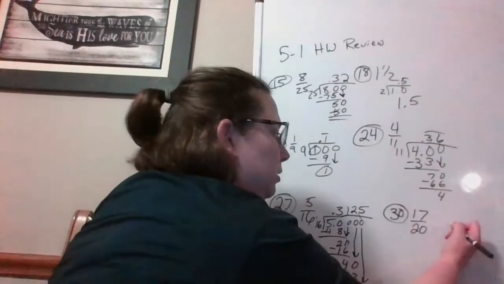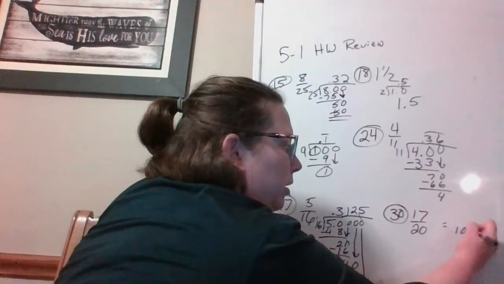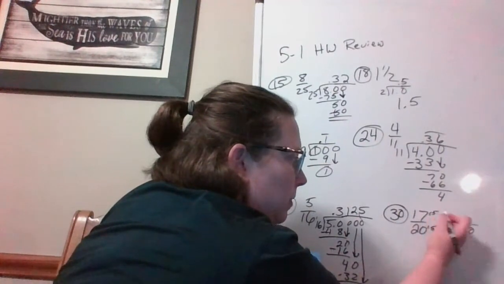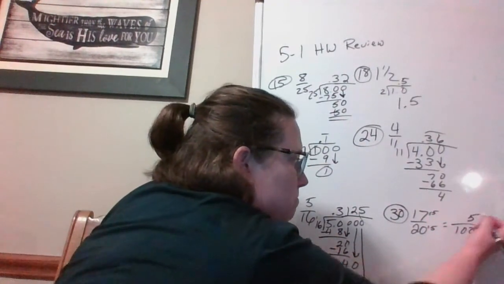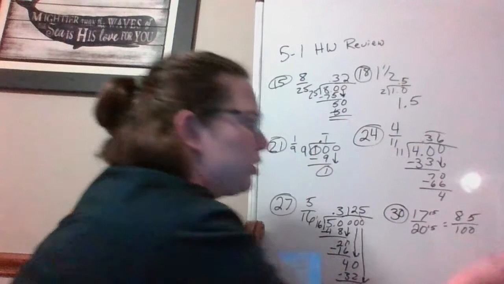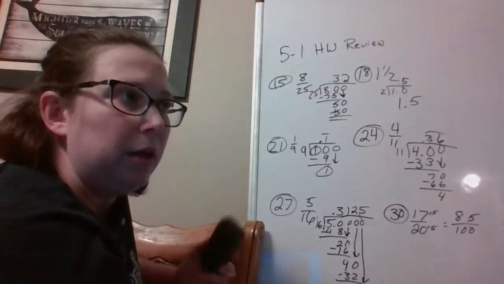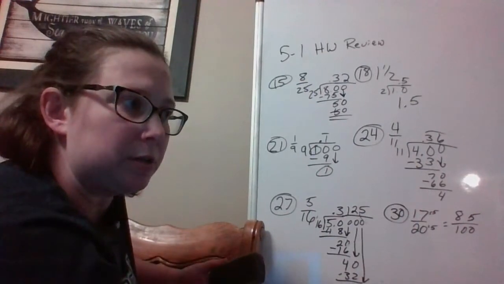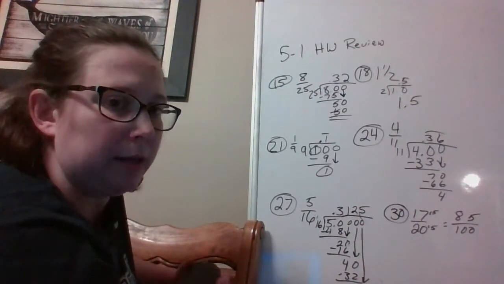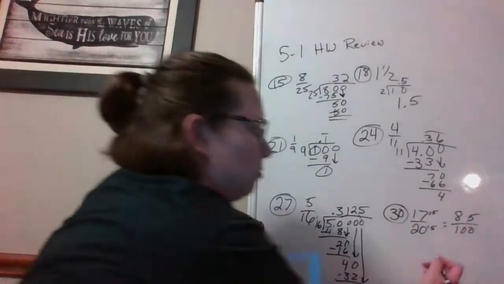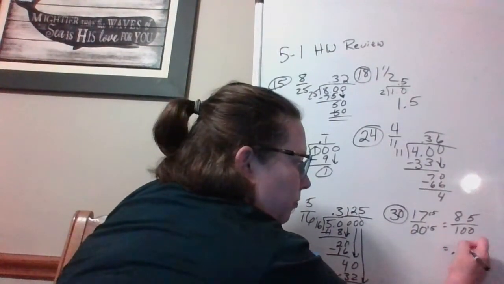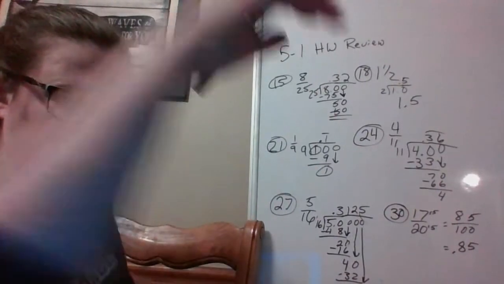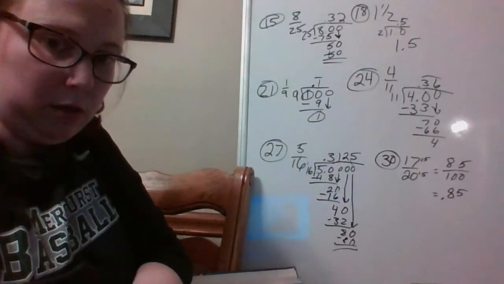What I think is a little easier to think about here is to change this to hundredths, which I would get 85 hundredths. If you think about how I'm saying that, 85 hundredths, think about what it would look like as a decimal. 85 hundredths.